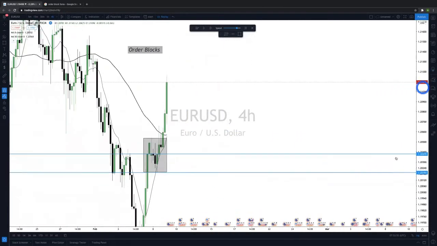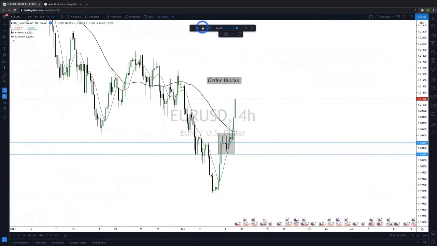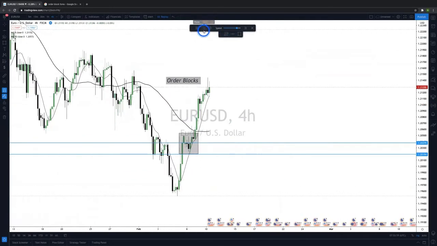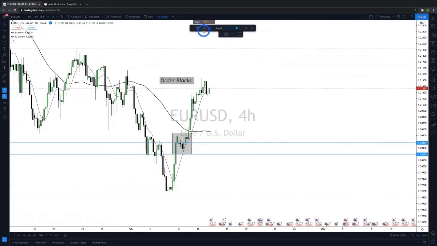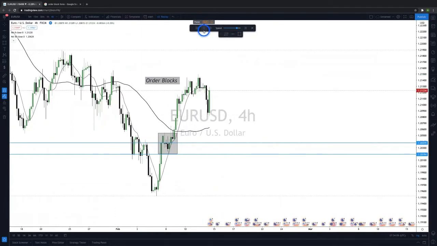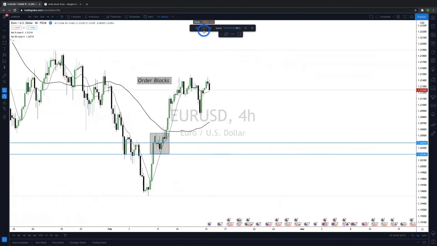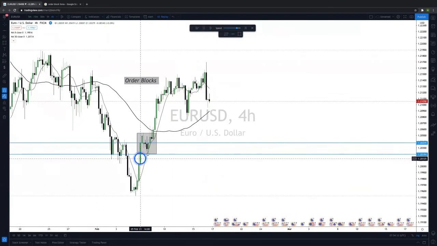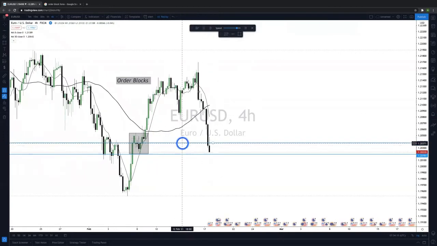So let's watch it and play it out real quick. We're just waiting for price to come back and hit this level and buy up.